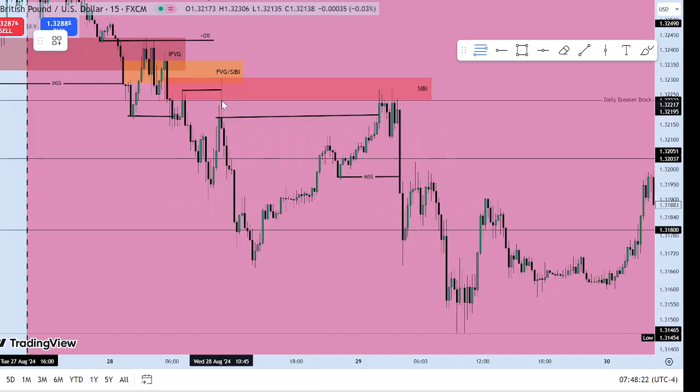The wick shows that price reached that high, not the body. The wick shows that price reached this high by taking the previous high with the wick, not with the body. High, lower high. The body will tell you the story. It's only the wick that went inside the CB, the fair value gap, to take the previous high, buy side liquidity.